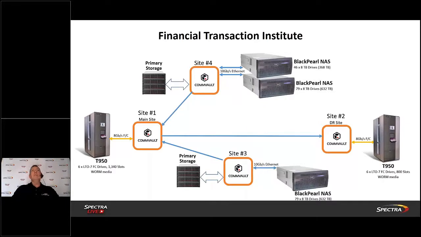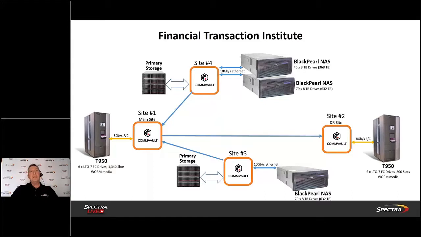Similar requirements, similar constraints when it came to manpower and expertise, but they needed data protection and data storage. So on Site 4, they actually added almost a petabyte of BP NAS, as you heard earlier. This is a great, solid product if you need a complement to tape, or if you just don't want to use tape.